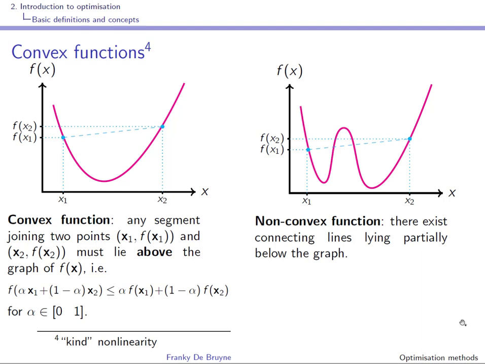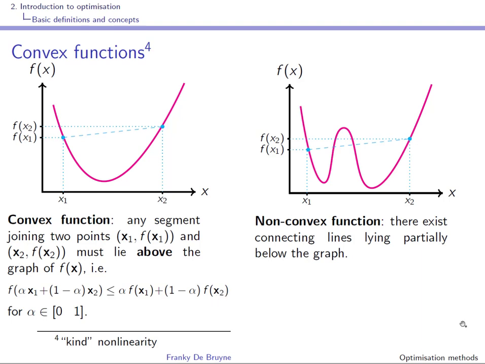A function is convex if for any two input vectors x1 and x2 the image of any convex combination of x1 and x2 is smaller or equal than the corresponding convex combination of the images.